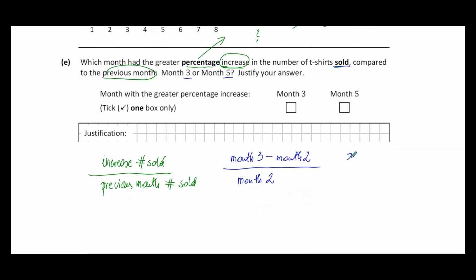So in month 3, 350 t-shirts minus month 2, 300, and that divided by month 2, which is 300. Now, if we put that in the calculator, so 350 minus 300 and divided by 300.